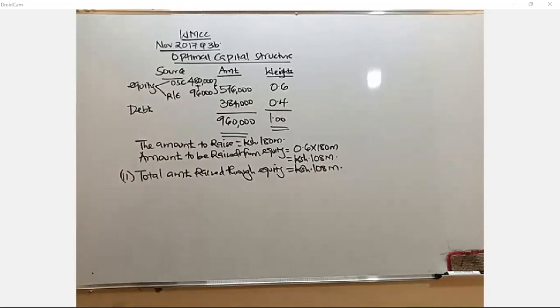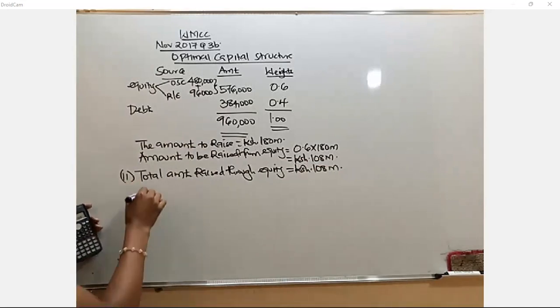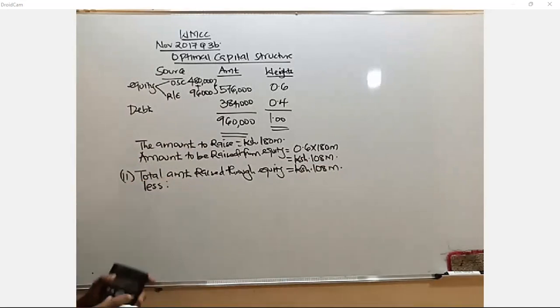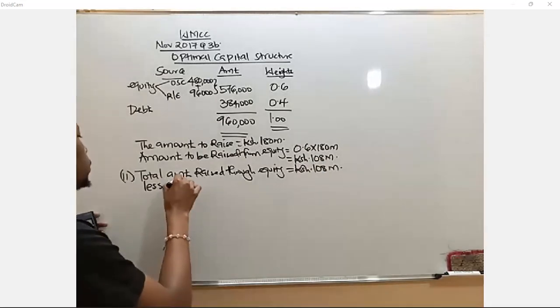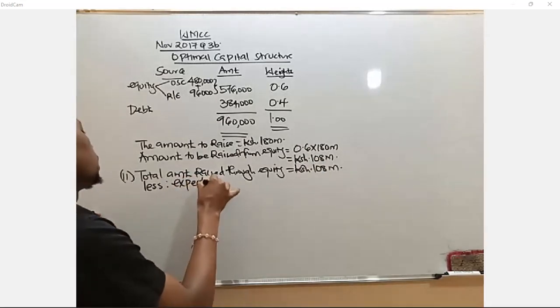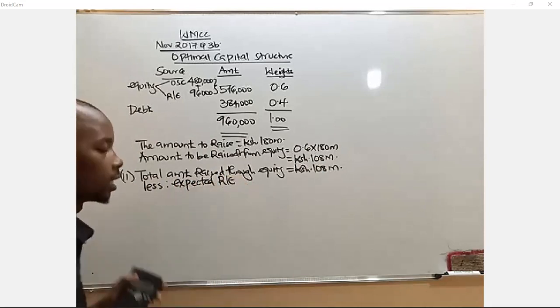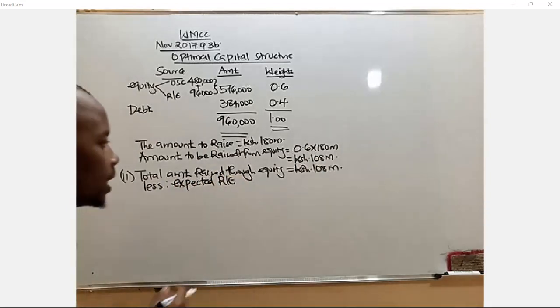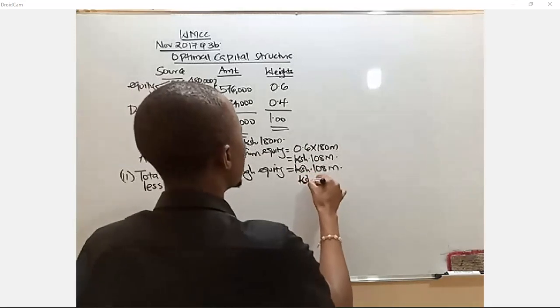To determine the amount raised through the issue of ordinary shares, allow me to subtract the amount we can retain. Under additional information number 5, we have been told the firm expects to retain 18 million to finance these investments. So the expected retained earnings are Kenya shillings 18 million.